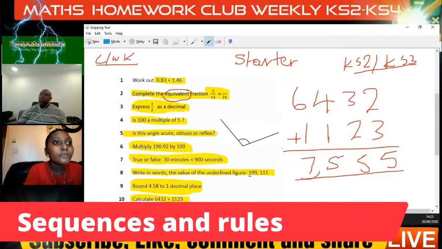And then writing in words, rounding, adding. Okay, so this is extremely good. Well done. Today's lesson, what we're going to look at, sequence and rule.